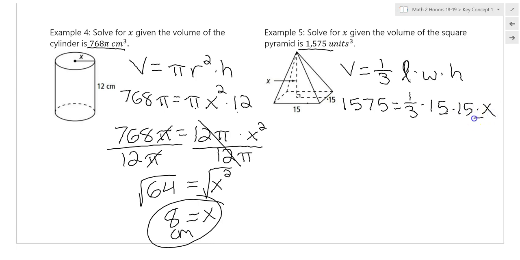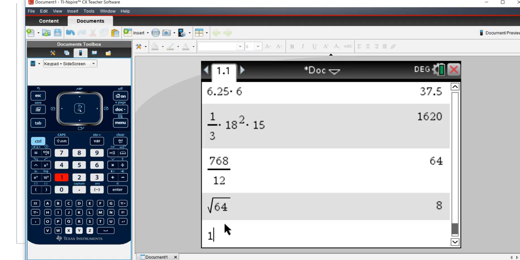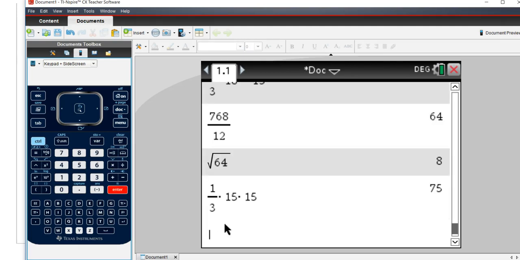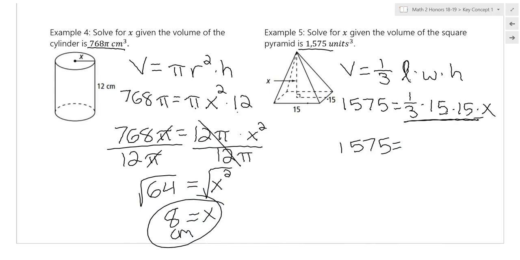Again, I'm going to start by simplifying the side with my variable. I can actually multiply all of those things together. So 1/3 times 15 times 15 is 75x. Now again, last step.